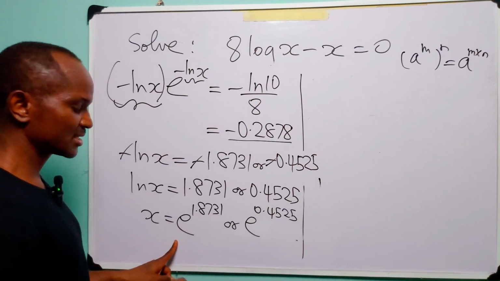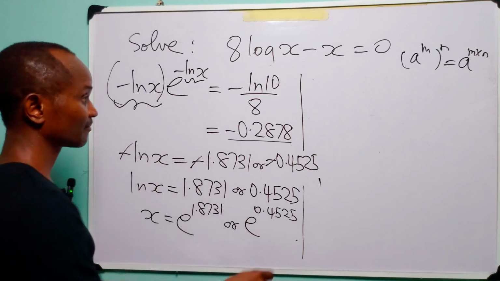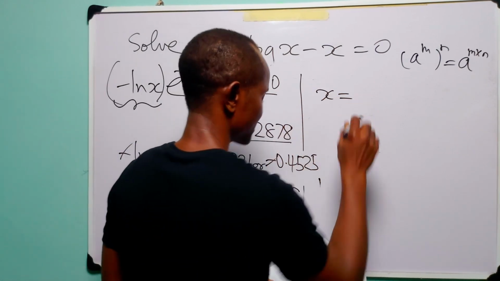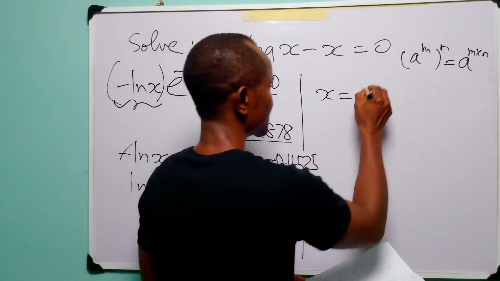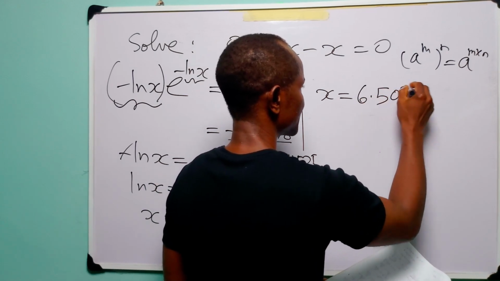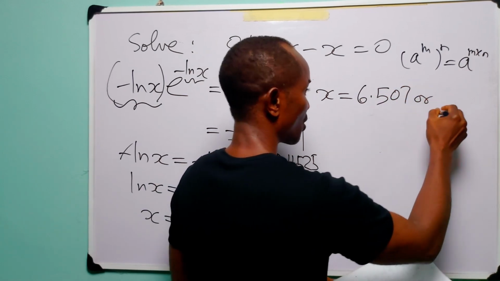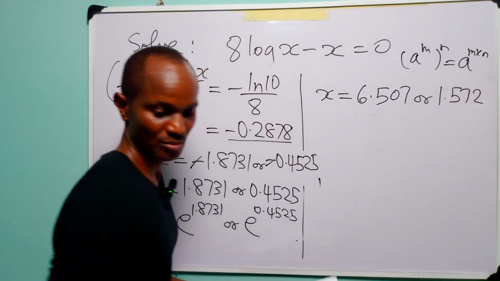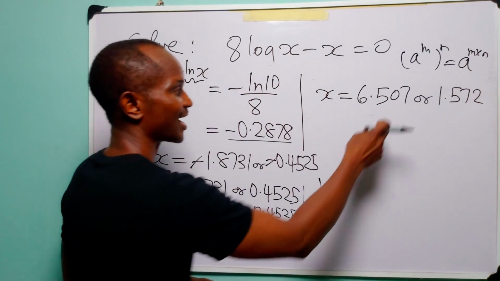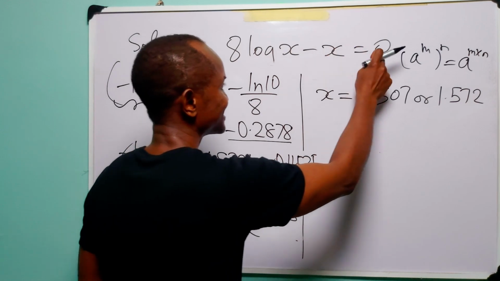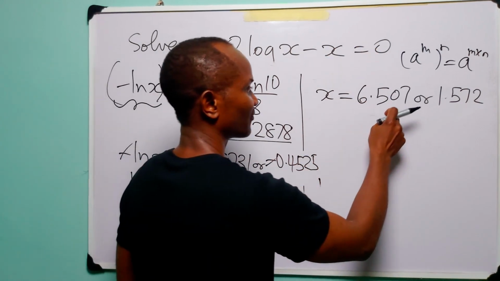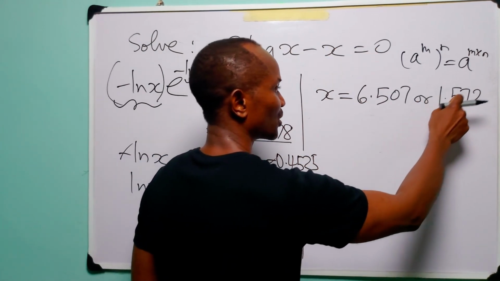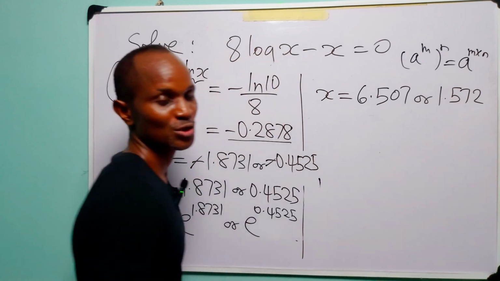And when we evaluate this with a calculator, we have that x is equal to 6.507 or 1.572. So the two values of x that satisfy this equation are 6.507 or 1.572.